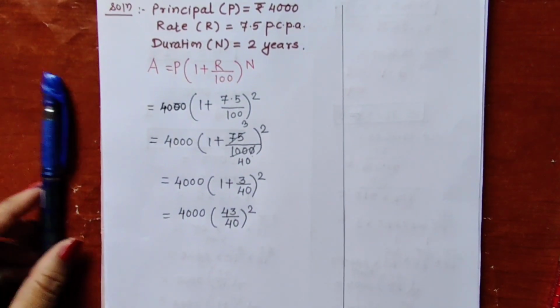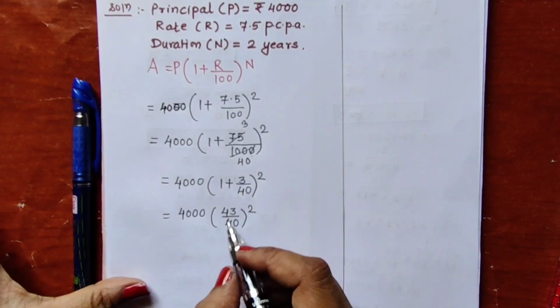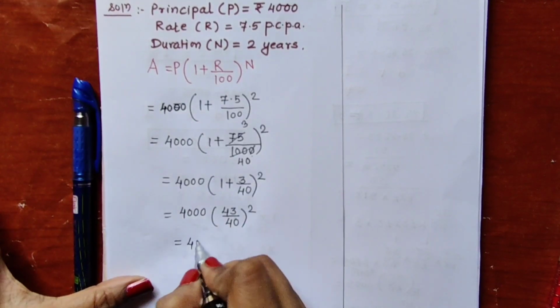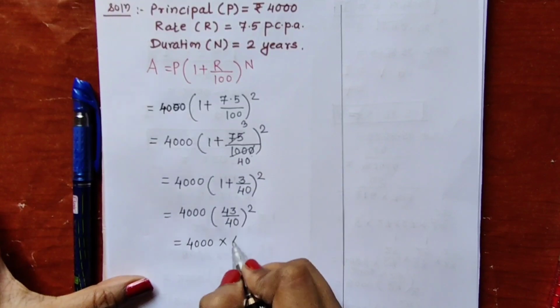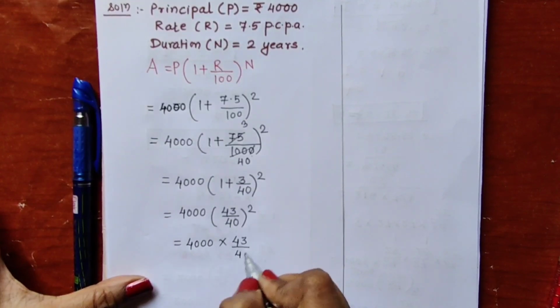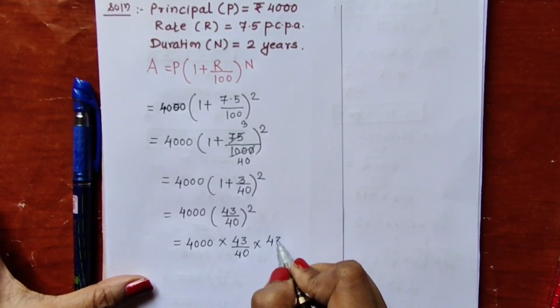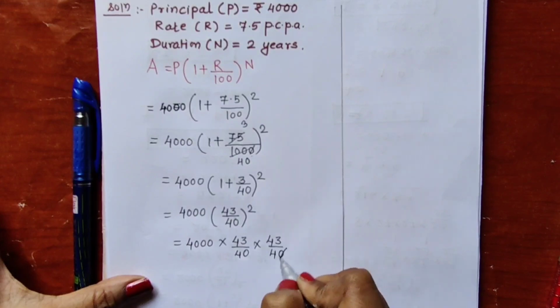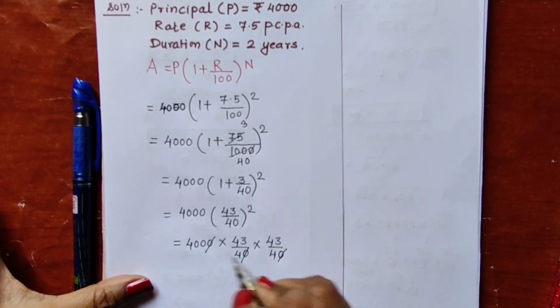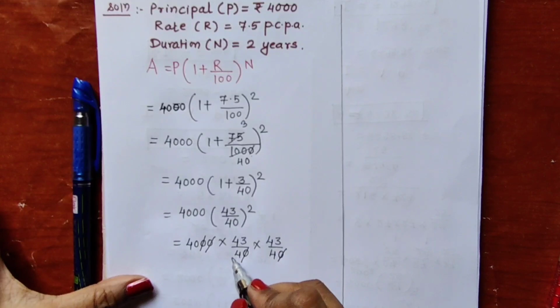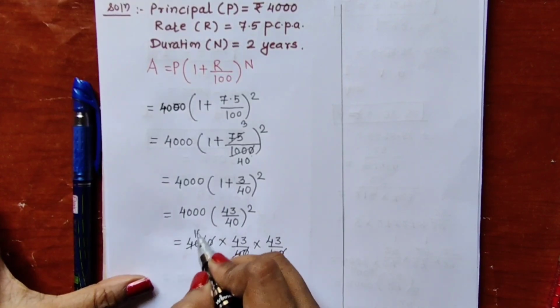Now 43 upon 40 square is there. That means what? We have to write this 4000 multiply by 43 upon 40 multiply by 43 upon 40. Now 0 cancel with 1 0, second 0 cancel with second 0. Now 4 ones are 4, 4 tens are 40.